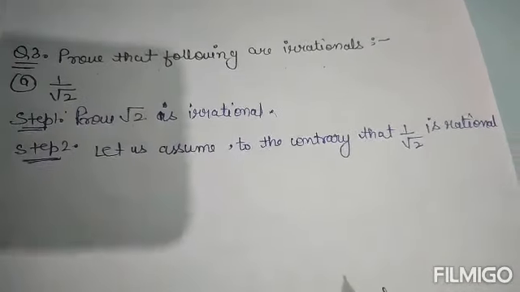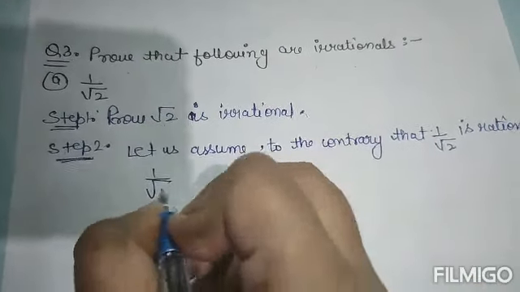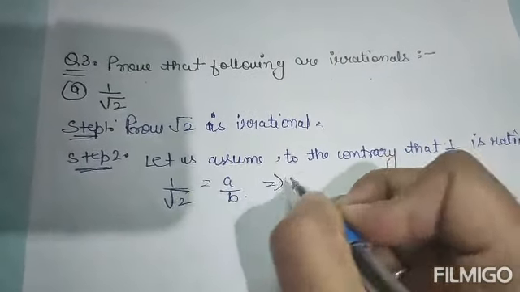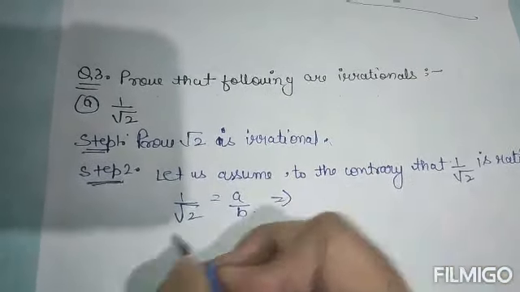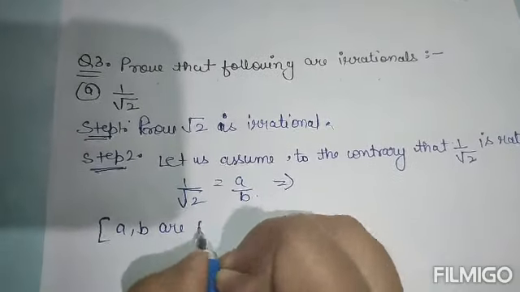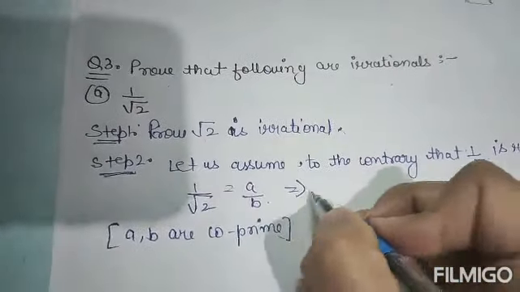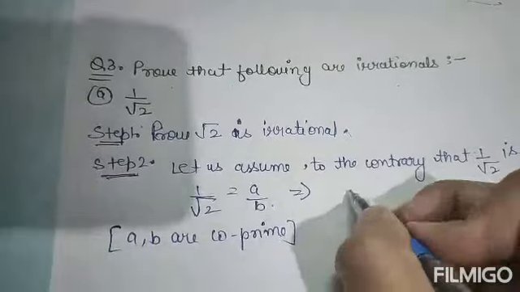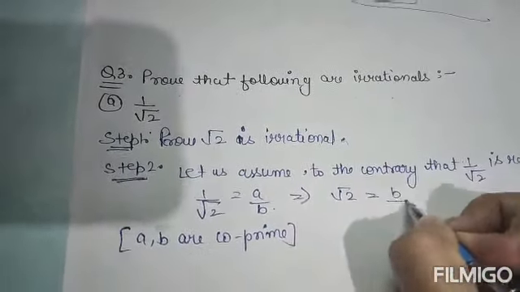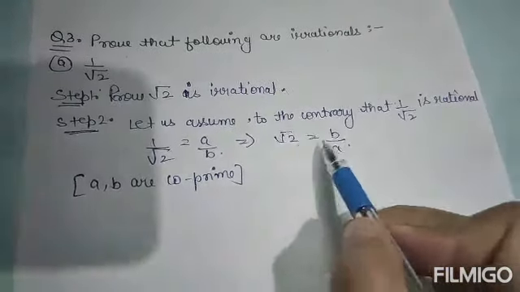Okay, we have assumed it. Now it is rational. That means it can be written in the form of a by b. This implies, right here a and b are co-prime. So it will become square root 2 will be equal to b by a. So square root 2 will become b by a.